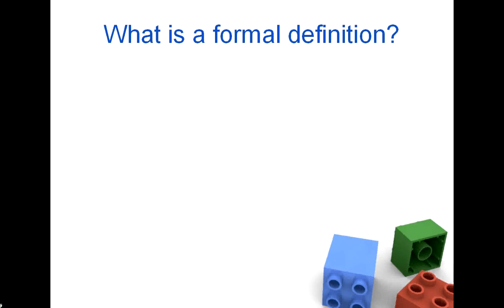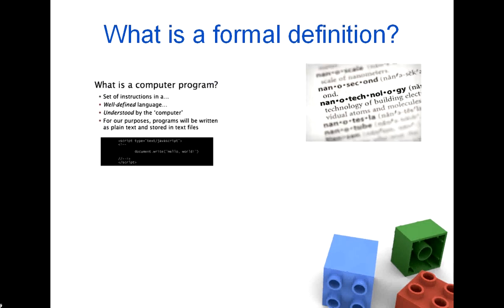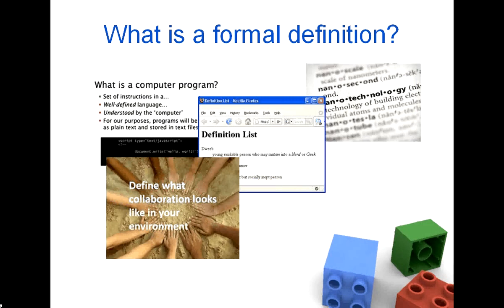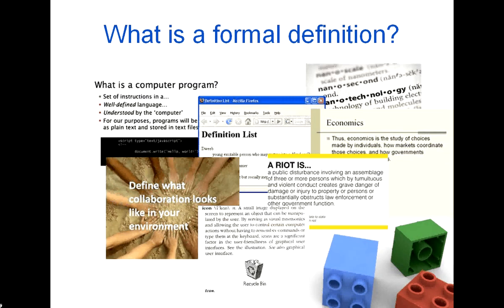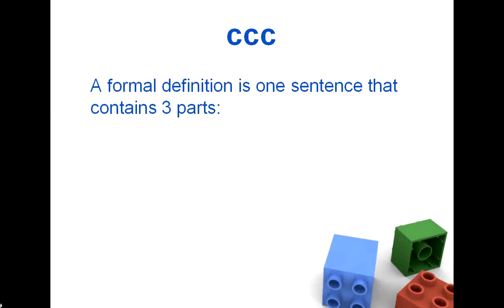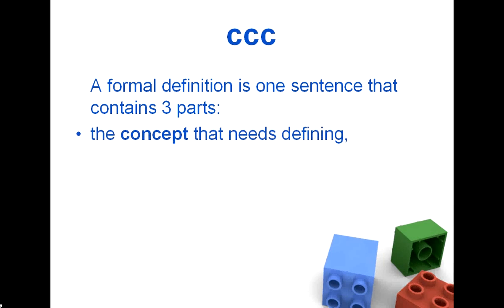What is a formal definition? A formal definition is one sentence that contains three parts, the C, C, C. The first C is the concept that needs defining.